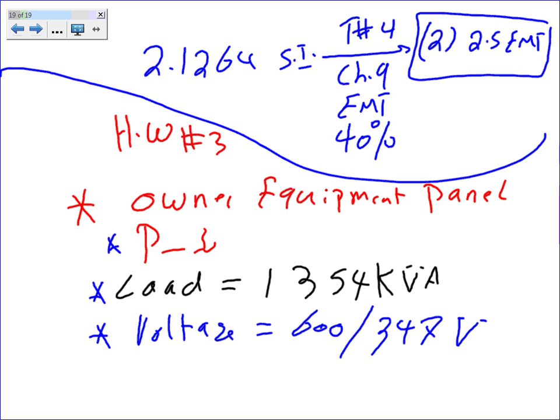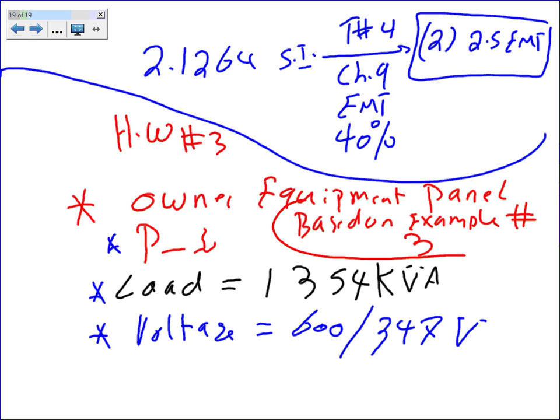And size everything, guys, for that panel. This is based on example number 3. Did you guys hear me? Not 1, not 2, example number 3.